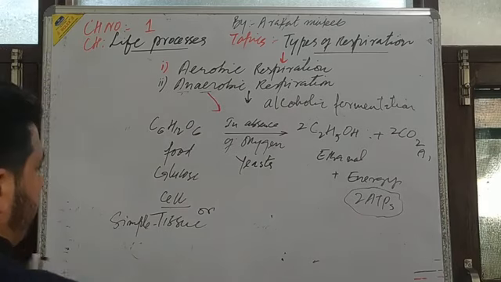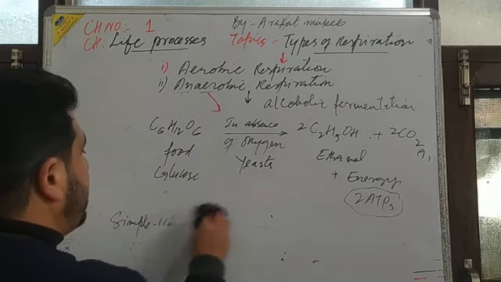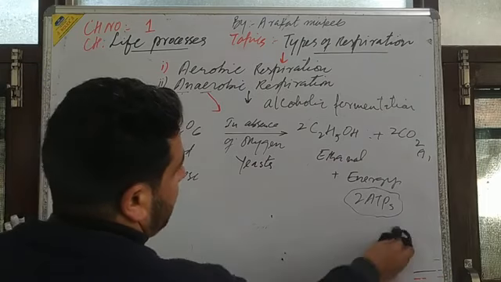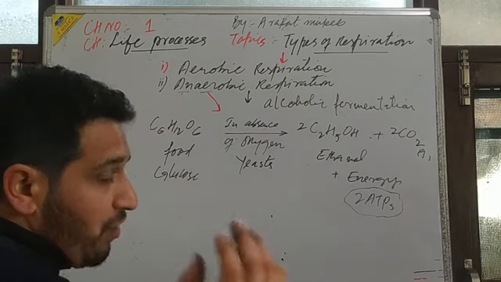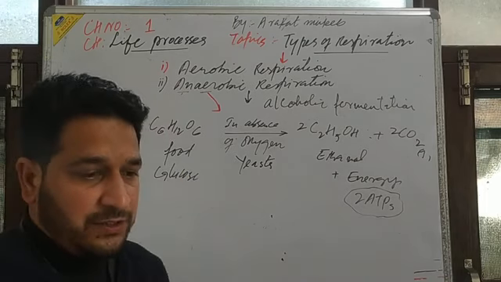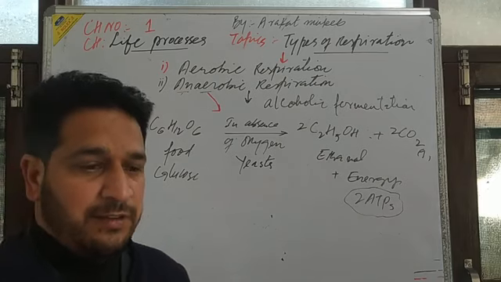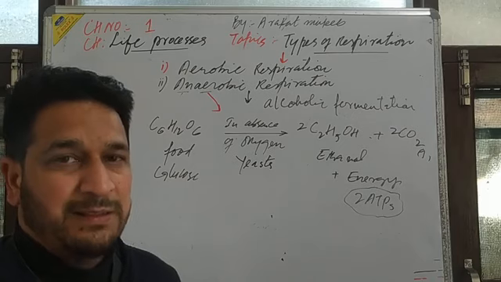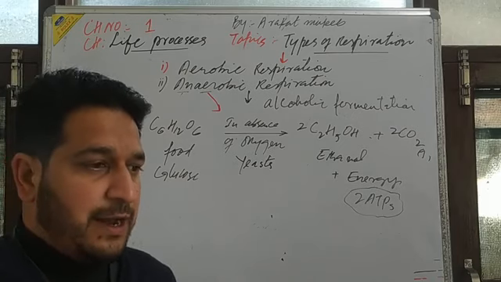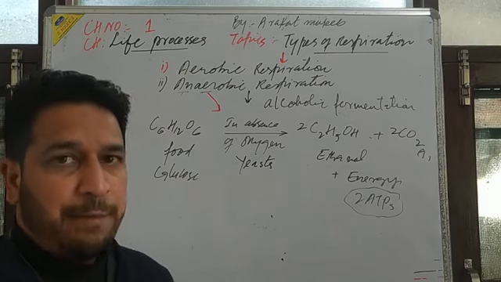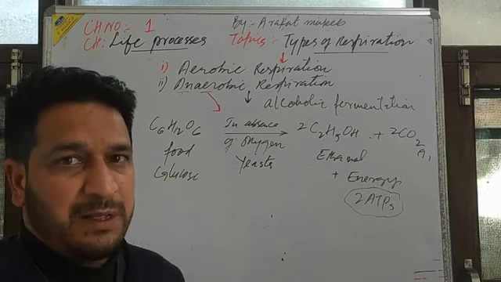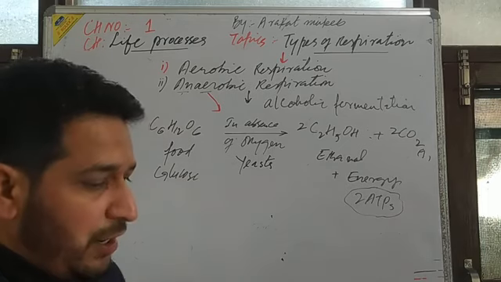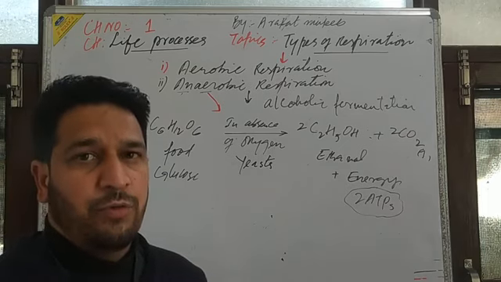Occasionally, anaerobic respiration also takes place in human beings. आपने देखा होगा when you are doing heavy work, heavy exercise, you are running fast, and sometimes you feel pain, fatigue in the muscles of the limbs, and at that time you feel cramps in the muscles. What is that? That is that our body doesn't get the excess amount of oxygen.